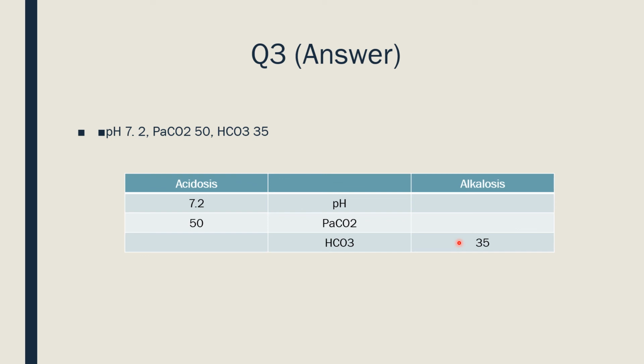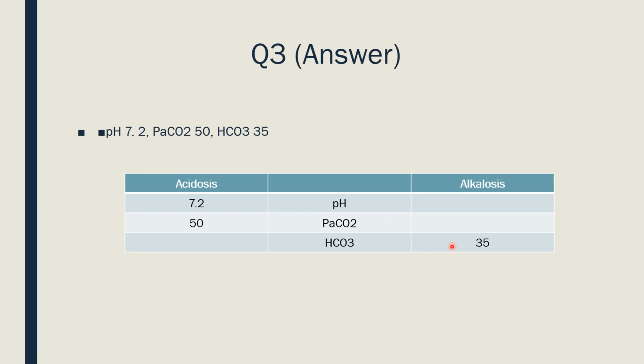Okay. Now we know that the pH is not normal. So the answer here is either partially compensated or uncompensated. How do we know if it's partially compensated? We will know if the other value is on the opposite side.